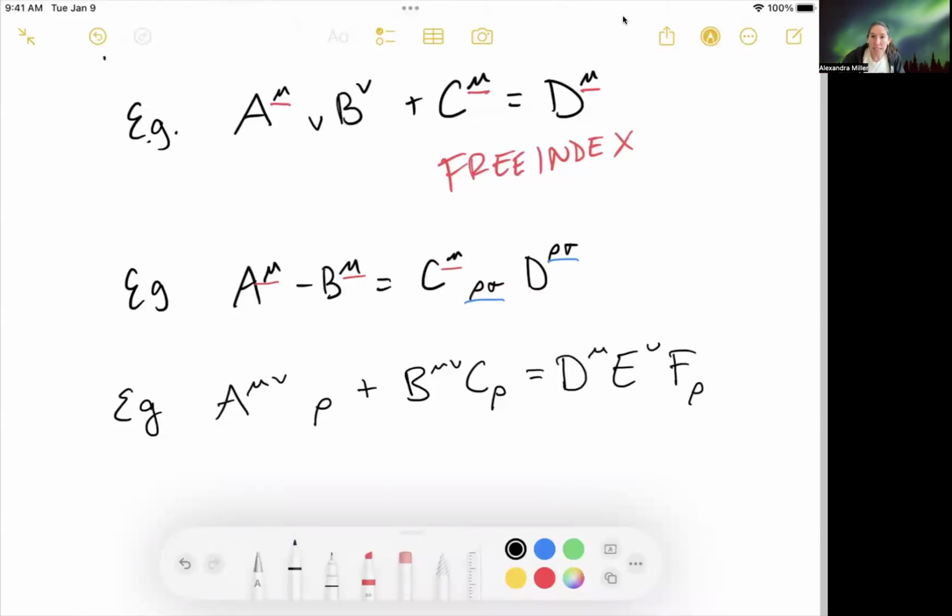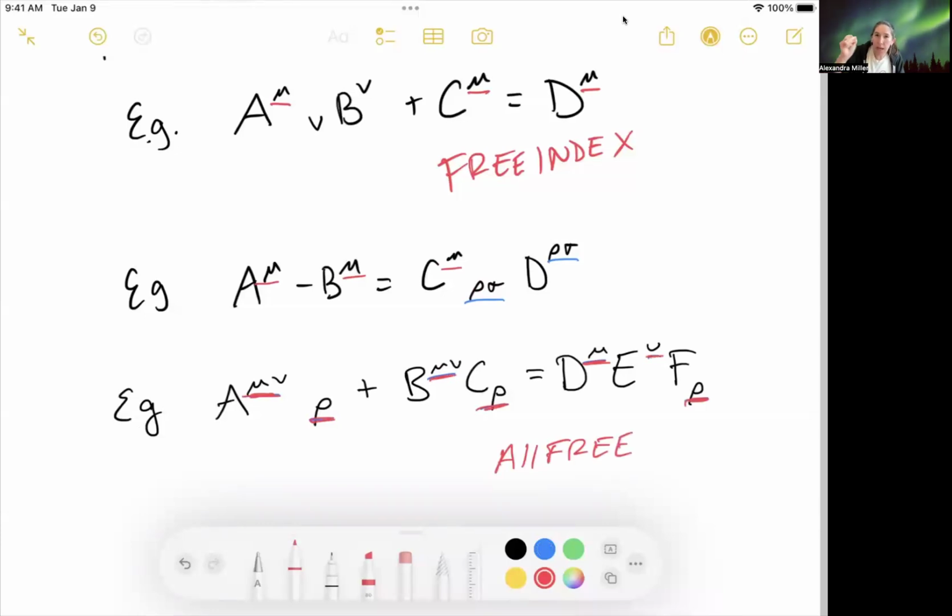Now all of our indices are free, and we have the same three indices showing up, and they're at the same position, right? All the mu's are upstairs, all the nu's are upstairs, and all the rho's are downstairs. So here we aren't summing over anything. Sorry, I switched my color convention. My free indices before were red. Okay, so these should all be red. All right, these are all free. Nothing is summed, and they all match.